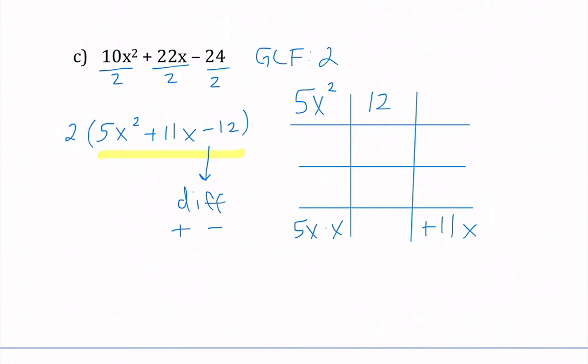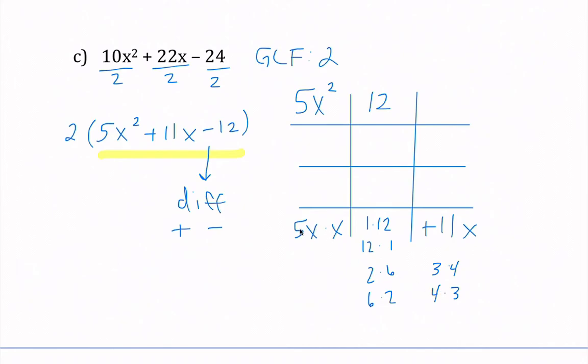My factors of 12 are 1 and 12, 12 and 1, 2 and 6, 6 and 2, 3 and 4, 4 and 3. All right, so now I know guess and check might take me 1, 2, 3, 4, 5, 6 total guess and check options, okay?